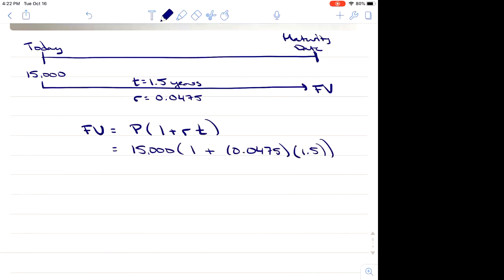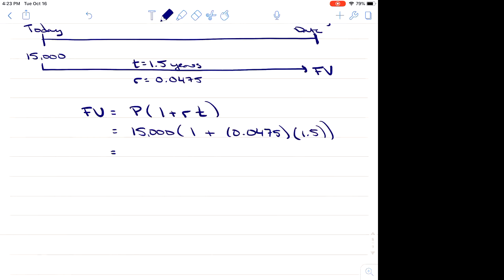So we have to deal with the brackets first, and then we have multiplication inside the brackets. You have to use BEDMAS, it's very important. So you're going to have 0.0475 times 1.5. And I'm going to show my work a little bit more than you have to, just to make sure that we're all on the same page.